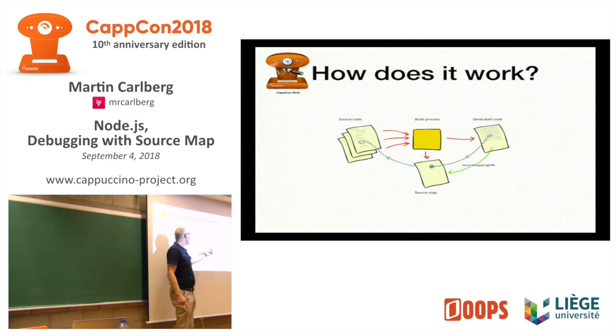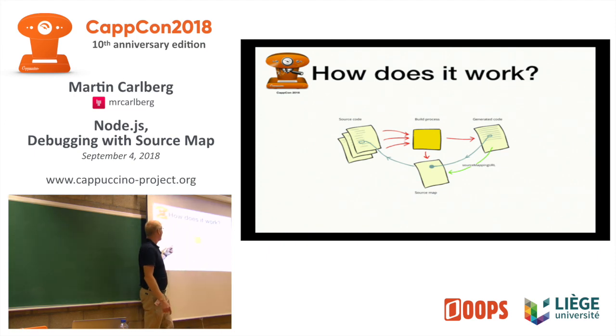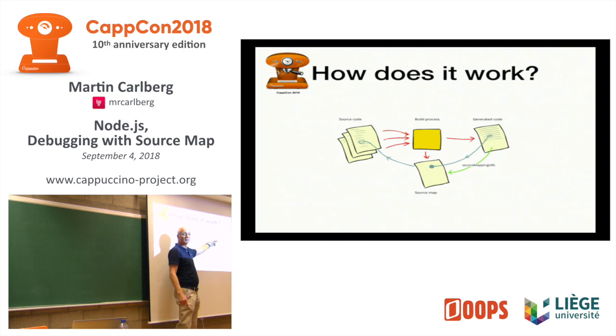So what they did was, in the build process, they created a source map file, which will map each position, each line, line 1, position 5, corresponds to line 5 there and position 62 or whatever.